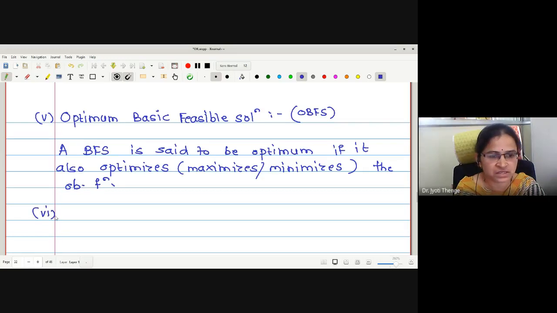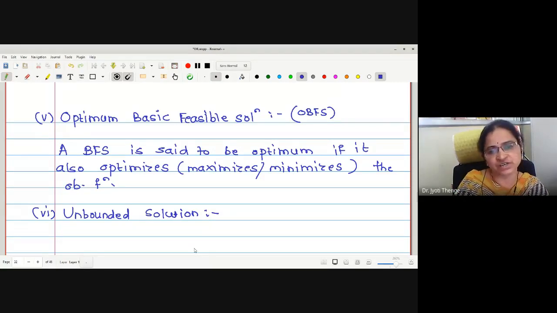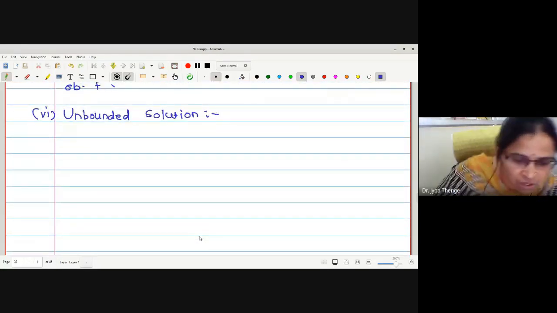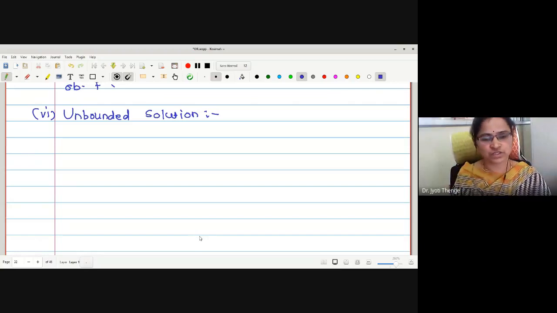And the last is the unbounded solution. An unbounded solution is a solution which gives the value of the objective function as infinity, not bounded.